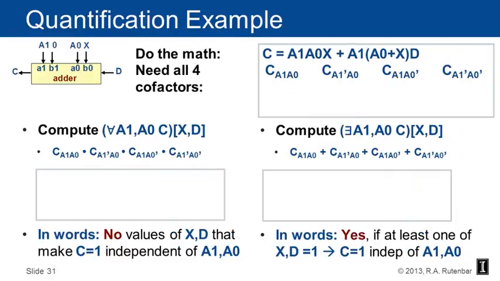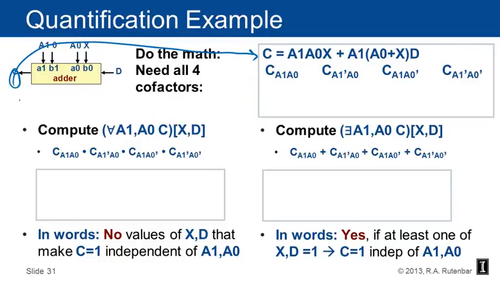So here is the function for the carry out, right? That's this guy over here. I'm going to write it over there. There it is: A1 A0 X plus A1 and A0 plus X and D. And remember that C with those subscripts just means I'm going to set A1 and A0 to 1,1, 1,0, and 0,0 respectively.